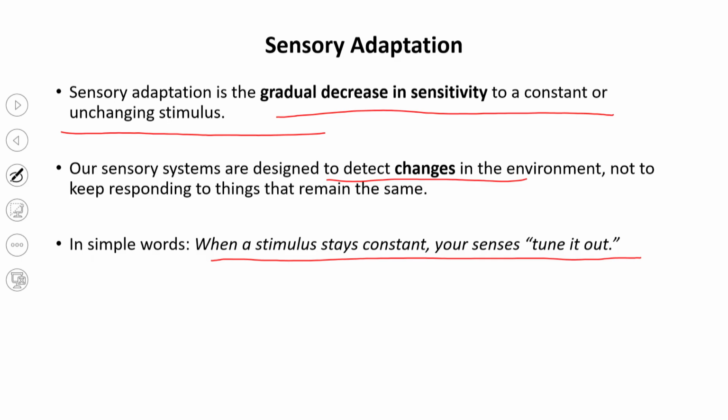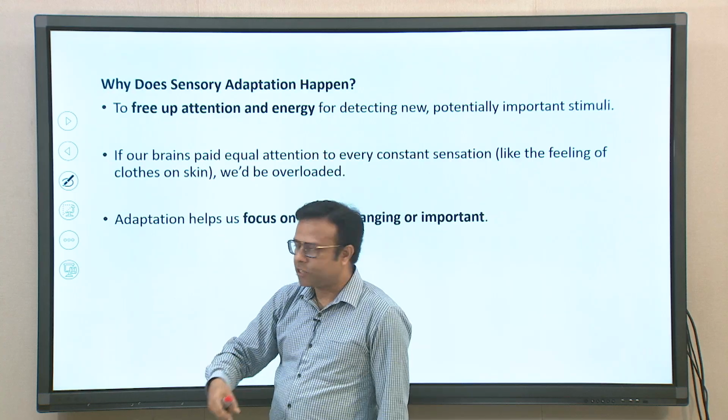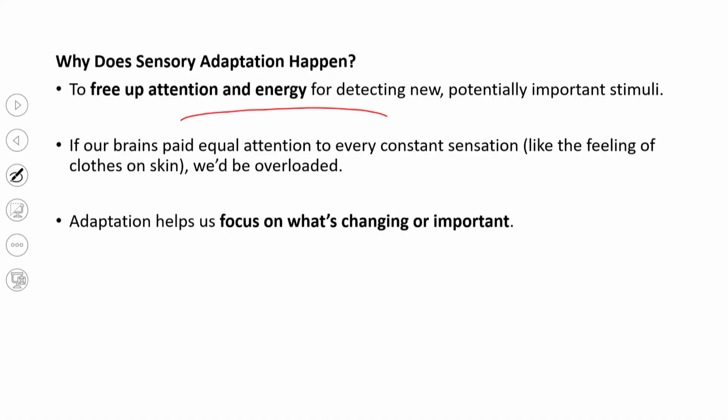Why does this happen? It is a kind of adaptive function, to free up attention and energy to detect new changes. If all your attention is on something constantly going on, you will not be able to notice new changes in the environment, which is not good, because new changes are also important.